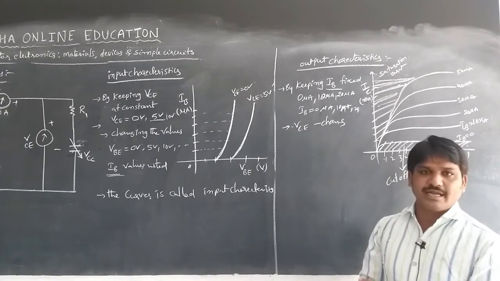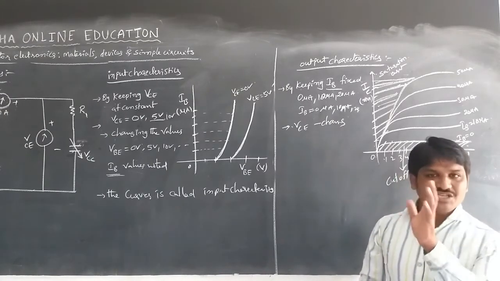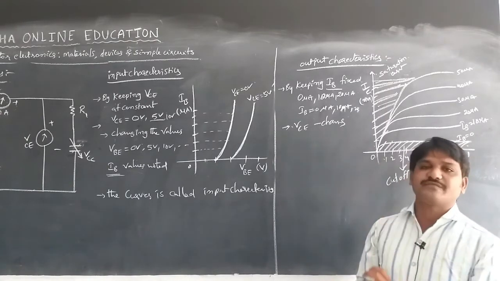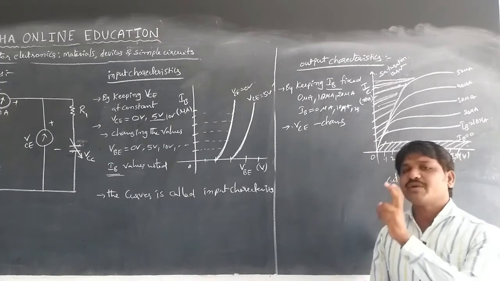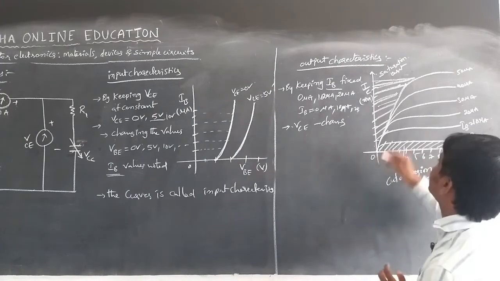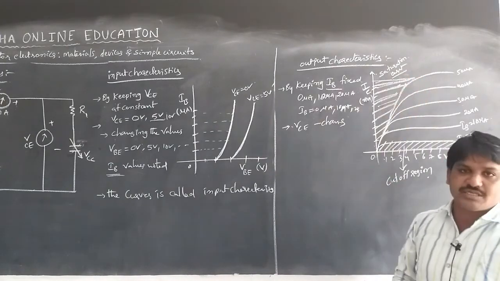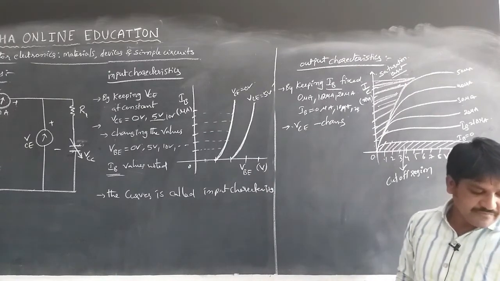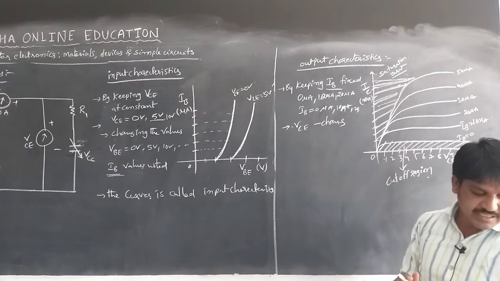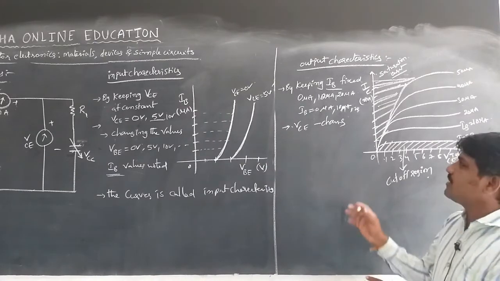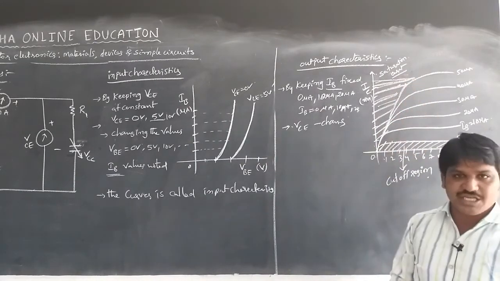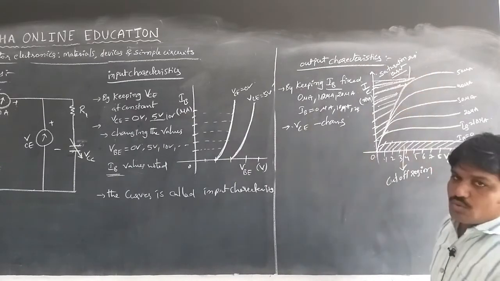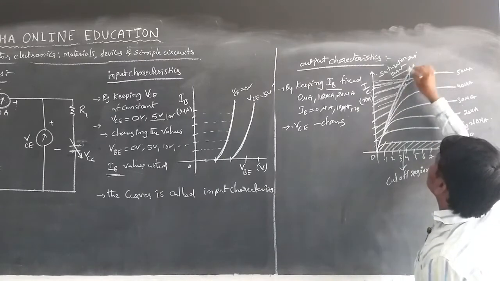This total region can be considered the saturation region. Saturation current means the current at which the collector current is independent of the base current. In this region the collector current becomes almost independent, and that is called the saturated region.